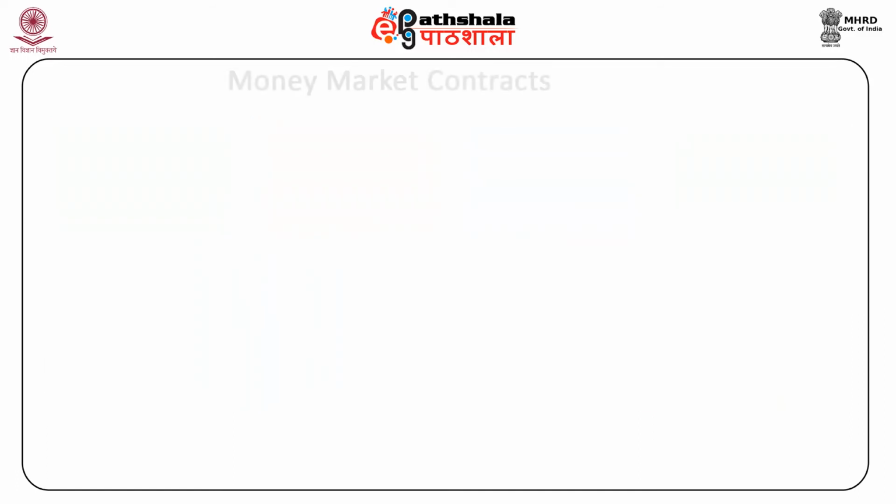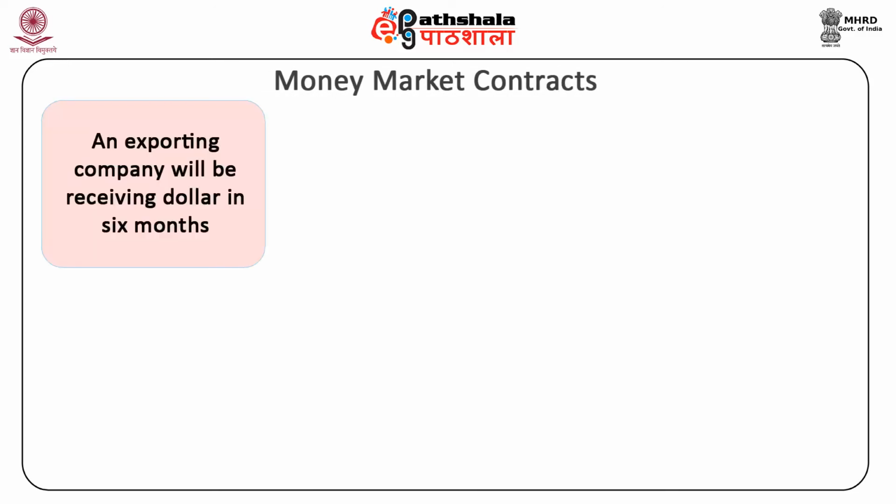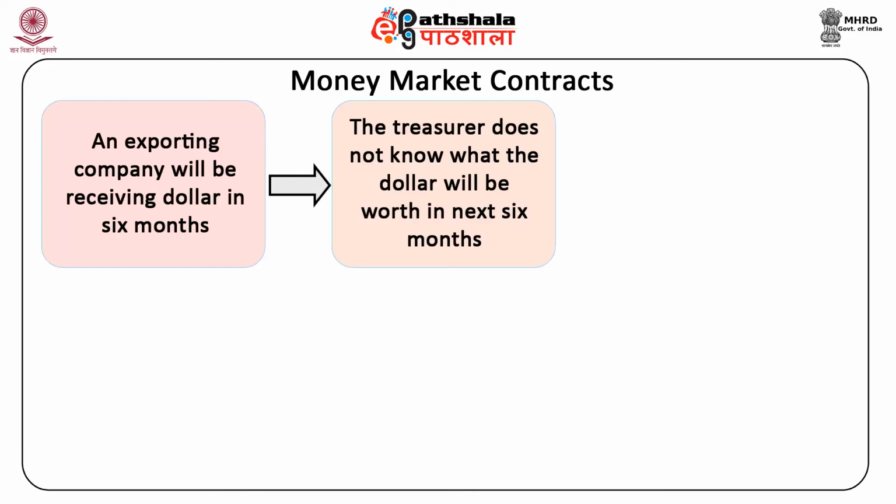Money market contracts. A company can hedge its foreign exchange exposure by using the money market. For instance, an exporting company will be receiving dollars in 6 months. The treasurer does not know what the dollar will be worth in the next 6 months.